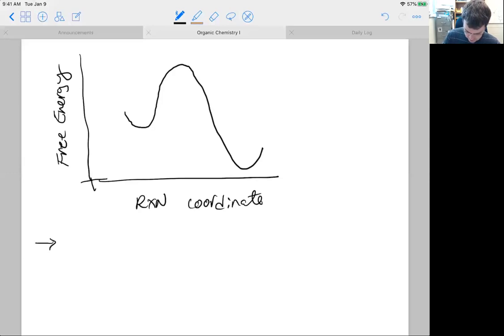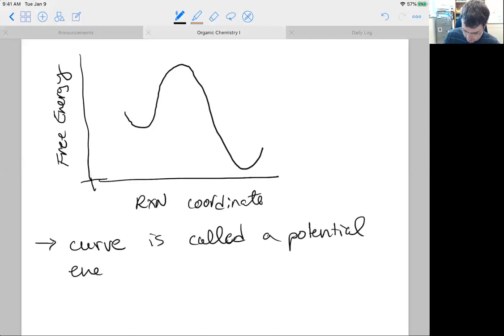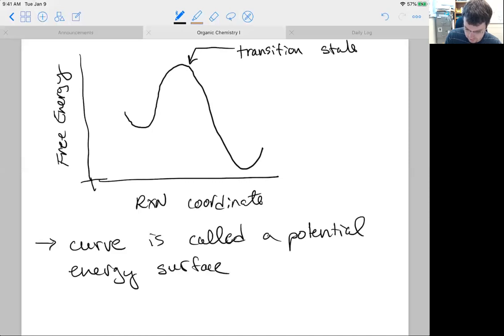Now, the curve is called a potential energy surface. The potential energy surface has a few features that we want to pay attention to. First of all, it has the top of a hill. This is called a transition state.